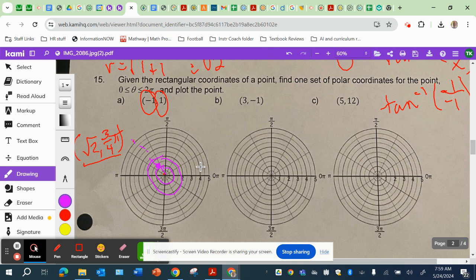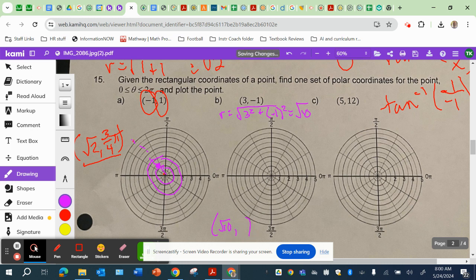So for the second one, to find the radius, square root of 3 squared plus negative 1 squared, which is the square root of 10. So that's your r coordinate.